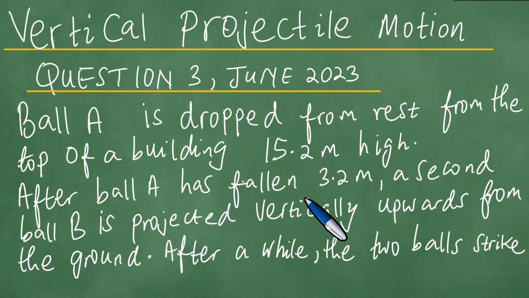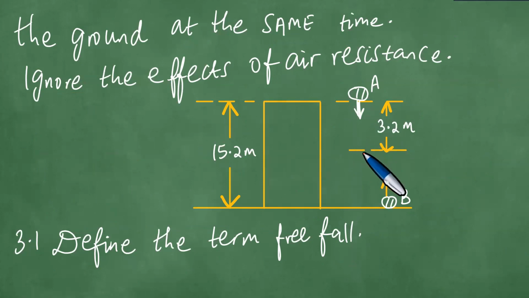After ball A has fallen 3.2 meters, the second ball is projected vertically upwards from the ground. So after A has gone down just 3.2 meters, another ball is thrown up.